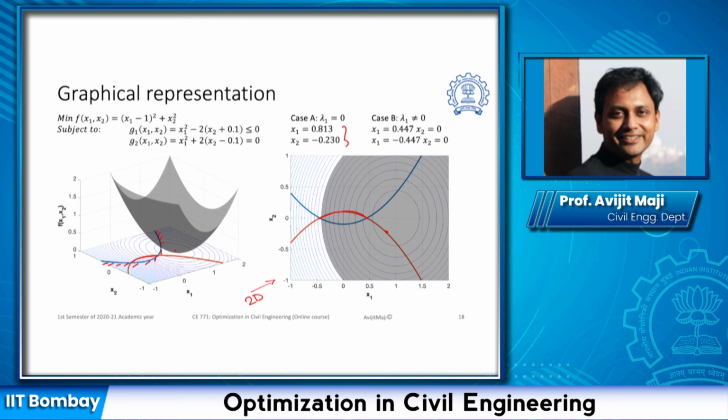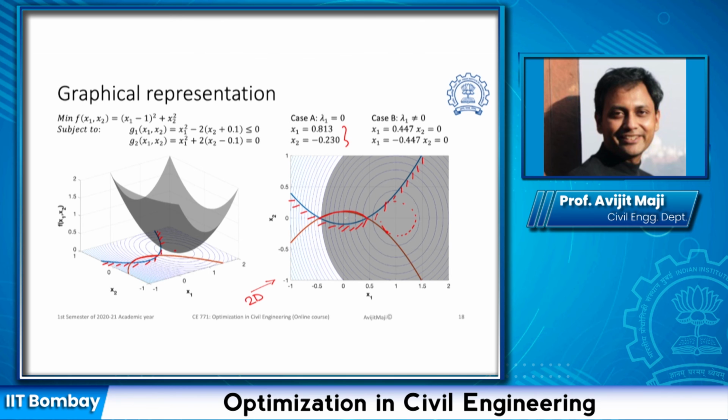And if we again draw the circle, it is going to be somewhere like this. So if we test this particular point, obviously it is going to violate my inequality constraint, because this part is the infeasible region for my inequality constraint, and the solution we obtained lies in that infeasible region.